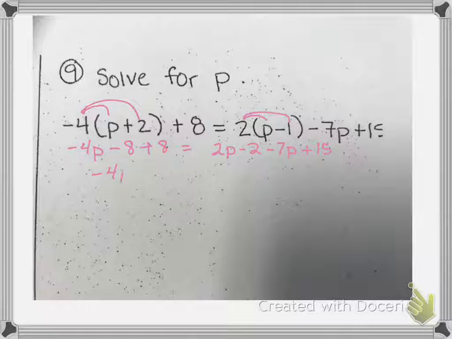So that gives me negative 4p is equal to 5p plus 13. Add 5p to both sides, and that gives me p is equal to 13.